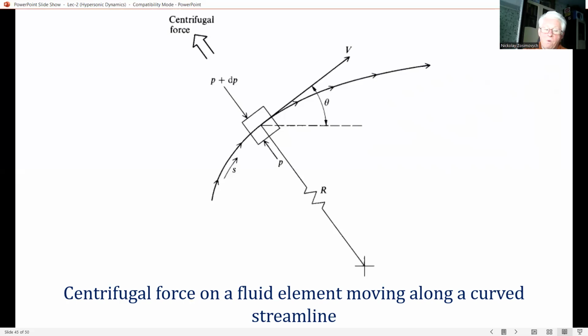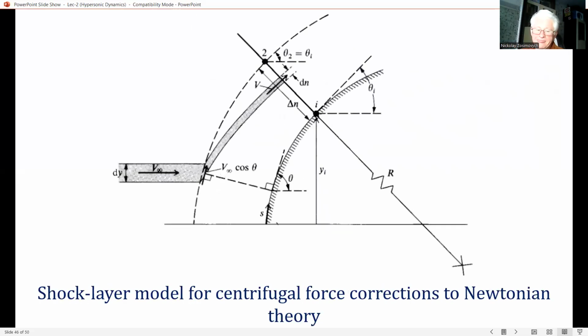For flow over a convex surface, we should expect the Newtonian pressure to be decreased as a result of the centrifugal effect. And this is derived as follows. Consider this figure, which illustrates the Newtonian flow over a curved surface.